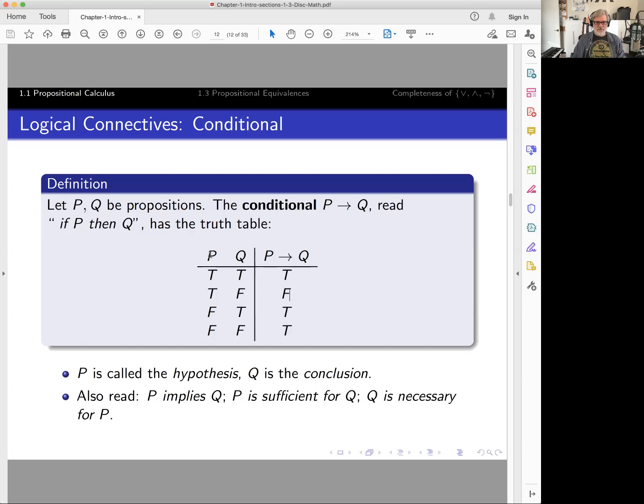I have a hypothesis and a conclusion, and a truth value associated to the statement if P then Q. Notice first of all that if P is false, then whatever Q is, the implication is always true. In the bottom half of that table, if P is false, Q can be whatever you want, and the truth value of the conditional is true.